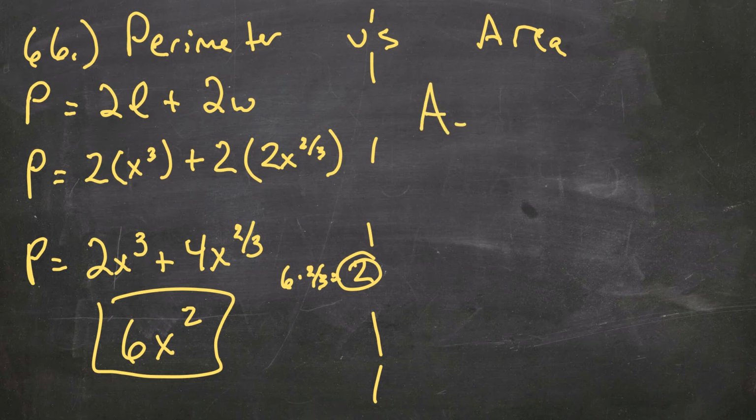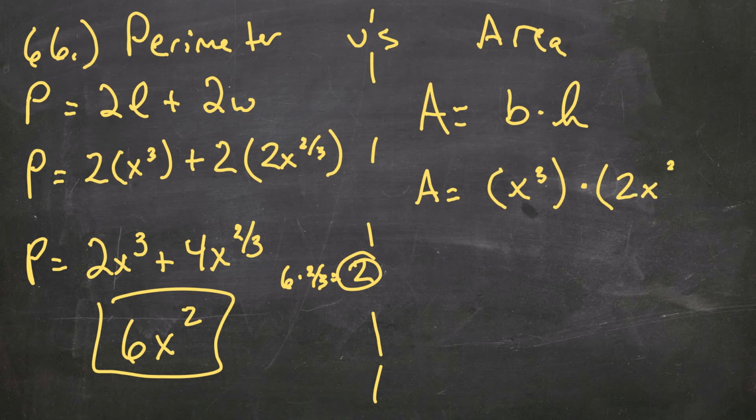Area. Area is equal to base times height. So I say area equals base, which is x cubed, or you could say length times width. And the height is 2x to the 2/3.